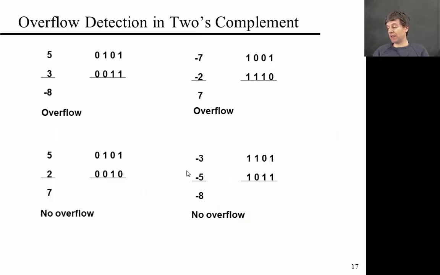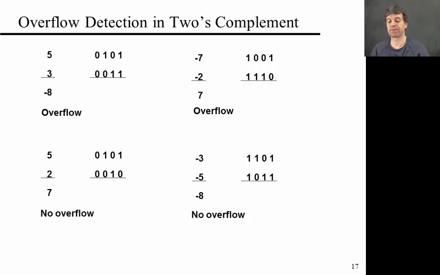So really the only thing that you can do is check whether you have overflow or not. You can't really know what the right answer is, but you can figure out whether your answer is right or wrong.